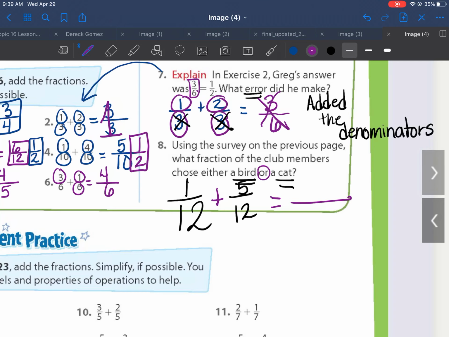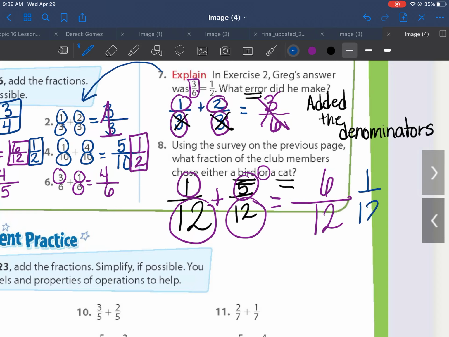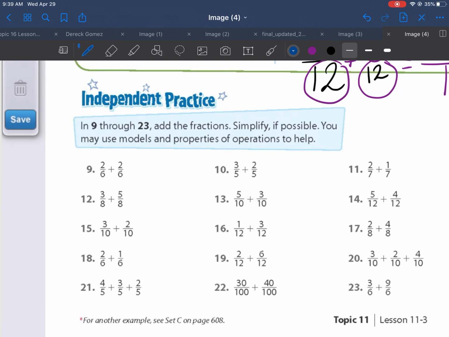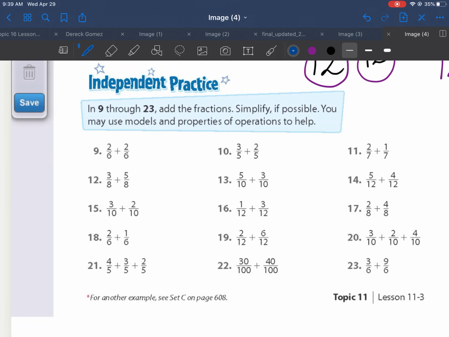That clue word or tells me that I'm going to be adding because I want to know both. I want to know either the bird or the cat. Remember that the denominator stays the same. 5 plus 1 is 6. 6 es la mitad de 12, so it becomes 1/2.